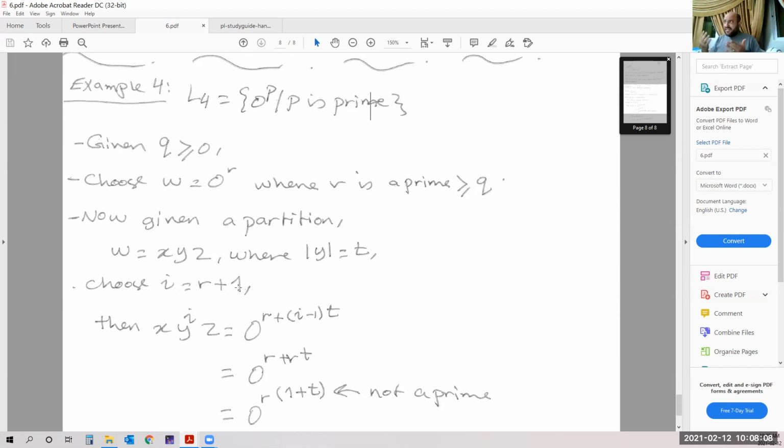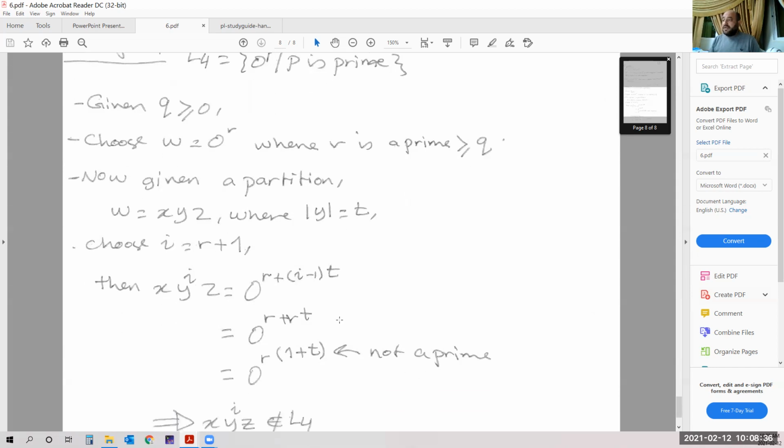That's why in each example I show you a different way, so you can understand. If you see many more examples in the book or on the net to solve and practice, you will find yourself familiar with multiple options. Then xy to the power i z equals 0 to the power r plus (i minus 1) t.